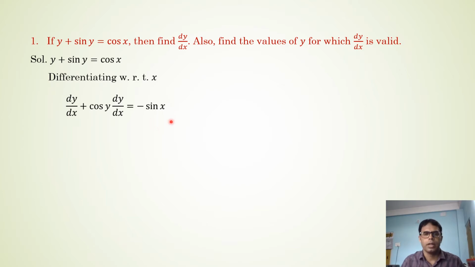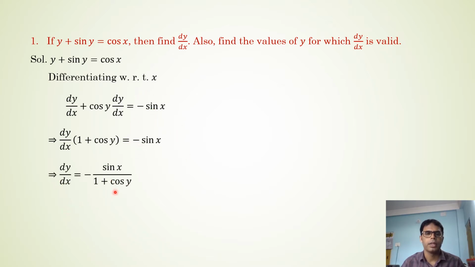Then dy/dx is common, it is 1 plus cos y, is equal to minus sin x on the right hand side, so simply dy/dx is equal to dividing that term on the right hand side. So this is the first answer of the first question.